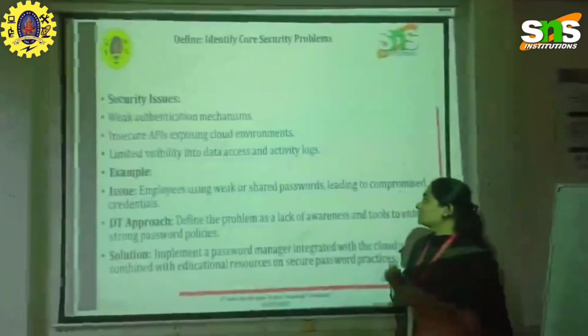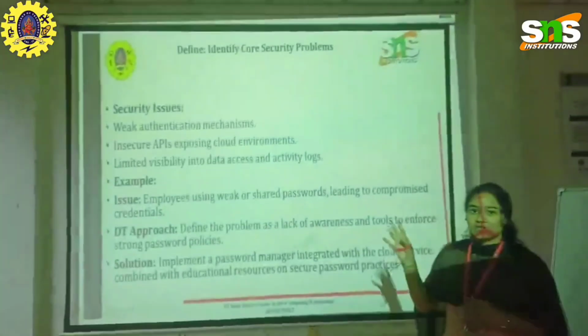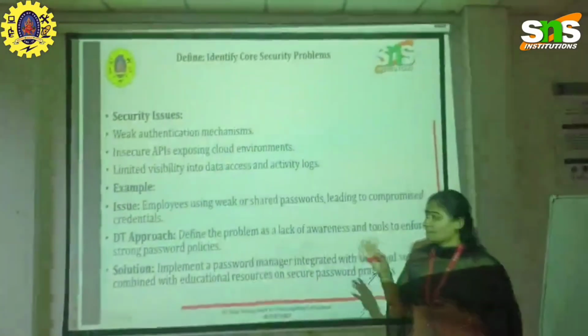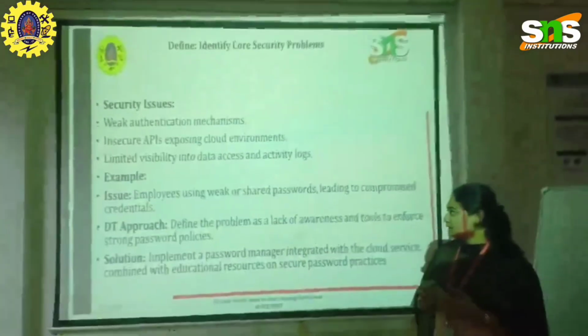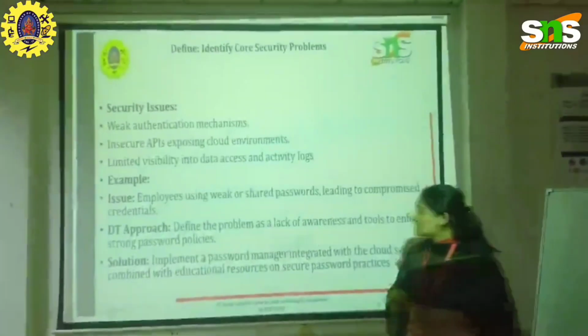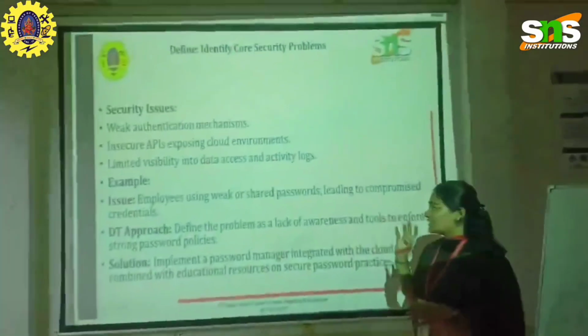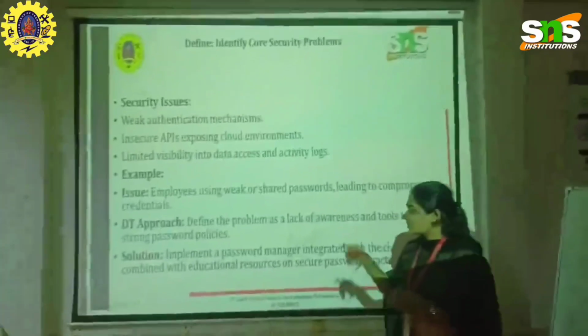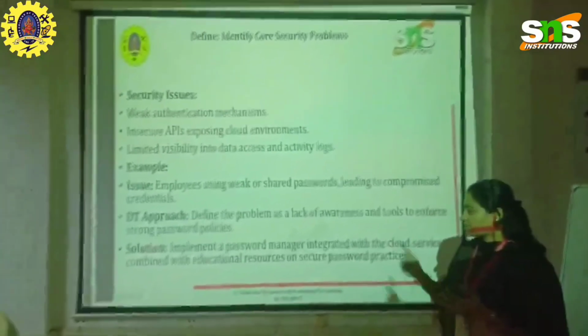Next is identifying core security problems. First, the security issue: a weak authentication mechanism, insecure APIs exposing cloud environments, and limited visibility in data access and activity logs. For example, the issue, DT approach and solution.